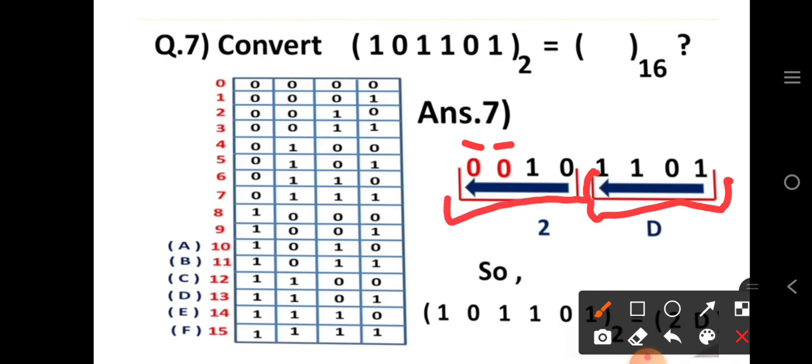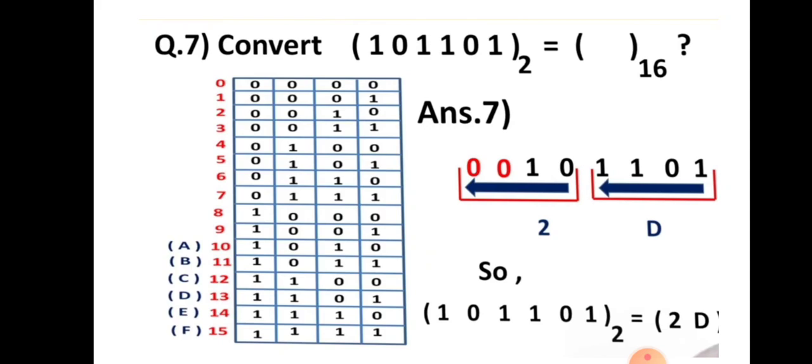Now 0010 represents number 2. So we have written here 2, and 1101 represents D, that is 13. So we have written here D. Okay, so this is the conversion of binary to hexadecimal. We got the answer as 2D.